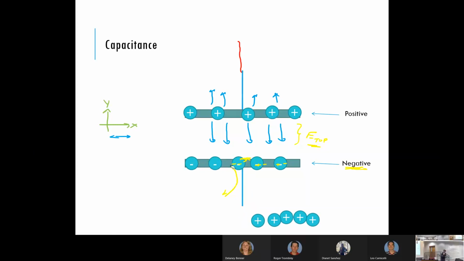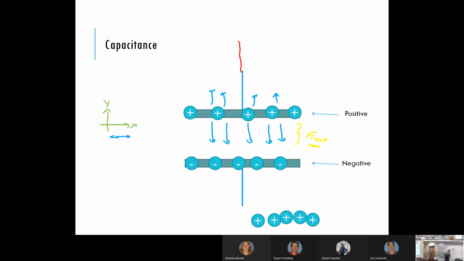So here we go. We have positives and negatives. The positives move off and leave behind an excess negative charge on the bottom plate. You force charges onto the top. That forces charges to leave the bottom plate and get an opposite sign.